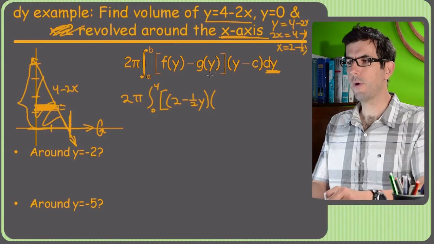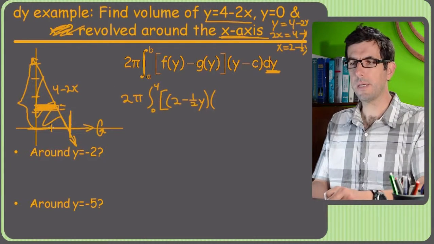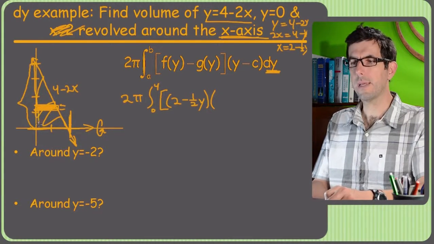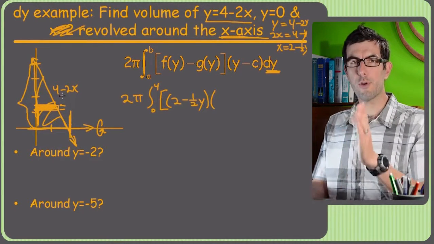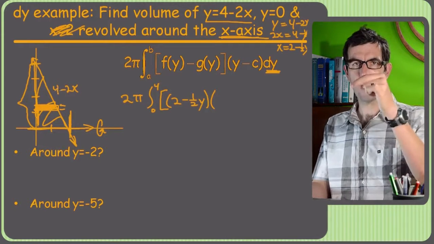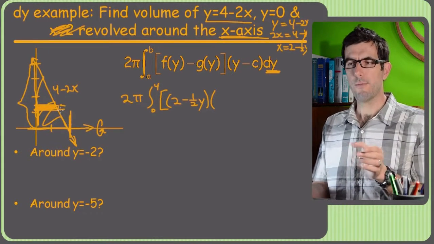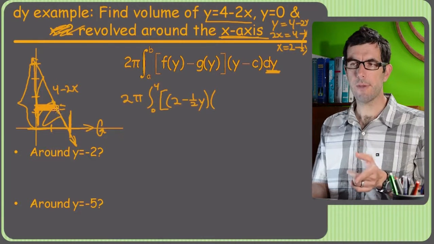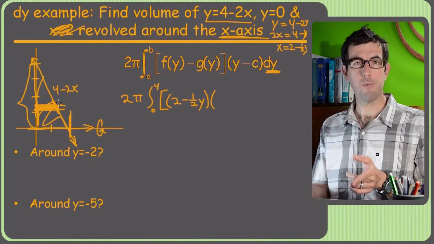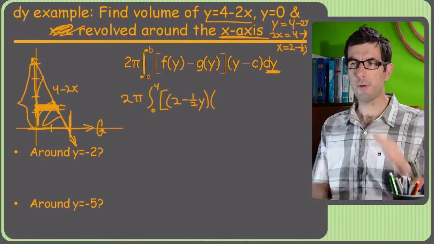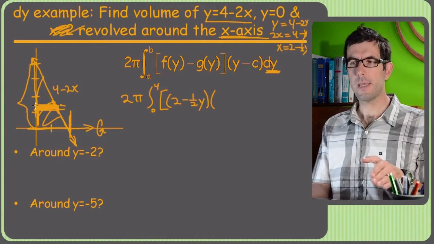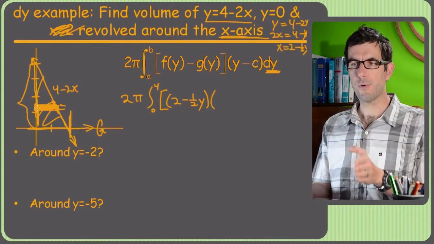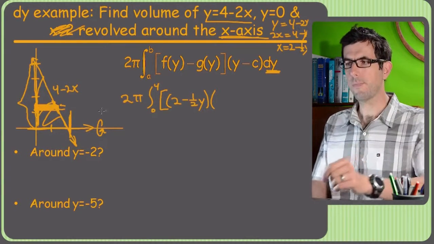And then g of y is going to be the left-hand of the two curves. It's a little bit more obvious when you have a vertical represented rectangle. It's just f and g is the top minus the bottom. For a horizontal rectangle like this, it's right minus left. So the right-hand end of the little represented rectangles are all riding along that diagonal line, and the left-hand end is riding along this vertical thing of just x equals 0.